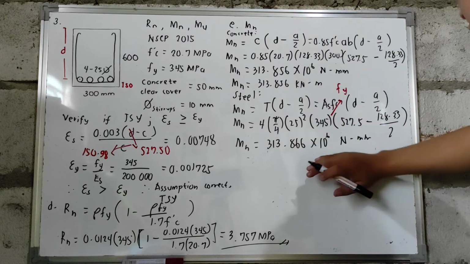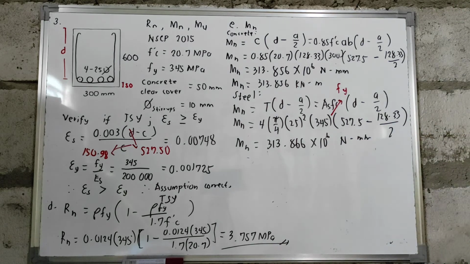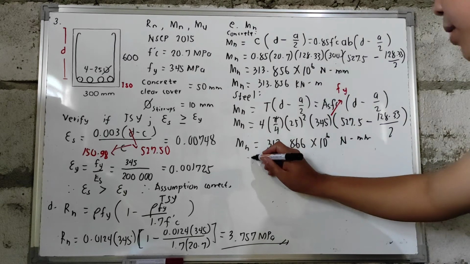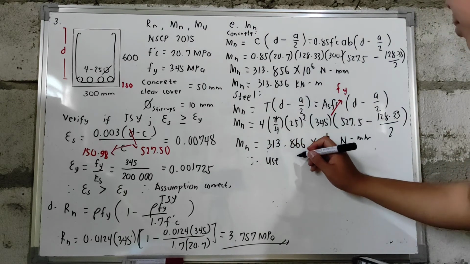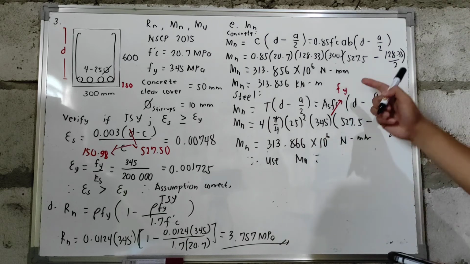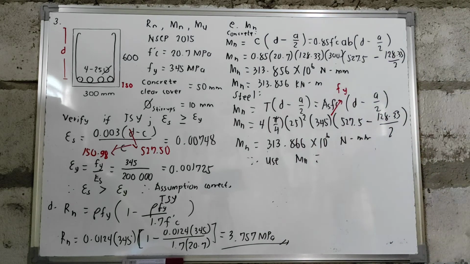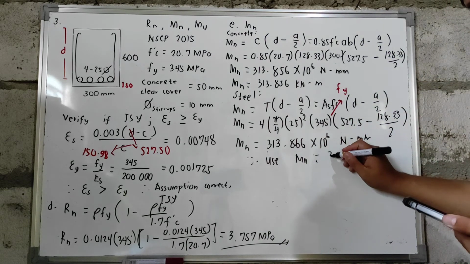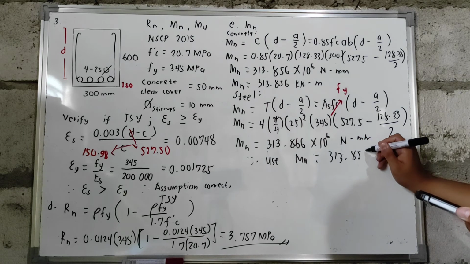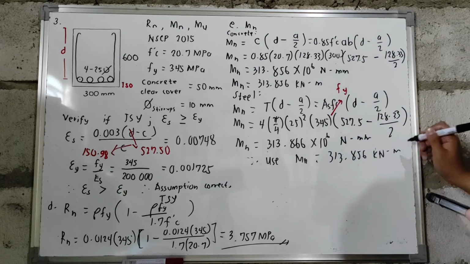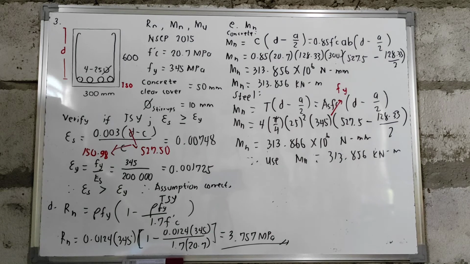Therefore, alisin lang natin yung times 10 raised to 6, magiging kilonewton meter na siya. So, for this one, use na lang natin yung smaller value between the two. Kaso nga lang, halos parehas lang naman yung answer natin. So, ito na ngayon yung magiging answer natin for the nominal moment resistance.